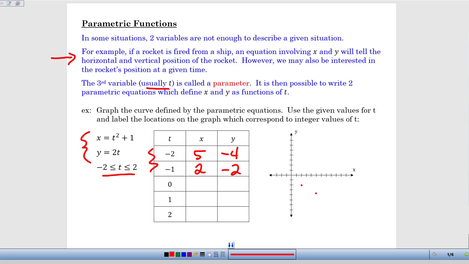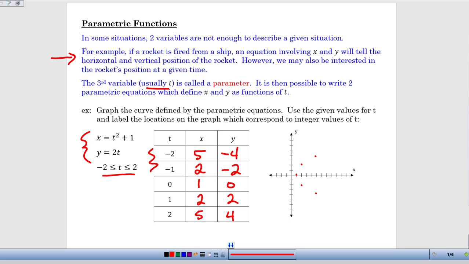If we plug in 0 for t into each of the two equations, we get 1 for x and 0 for y. If we plug in 1 for t into each of the equations, we get 2 for x and +2 for our y value. And then if we plug in 2 for t, we get 5 and then +4 for y. So I can go over 5 and then up to 4.